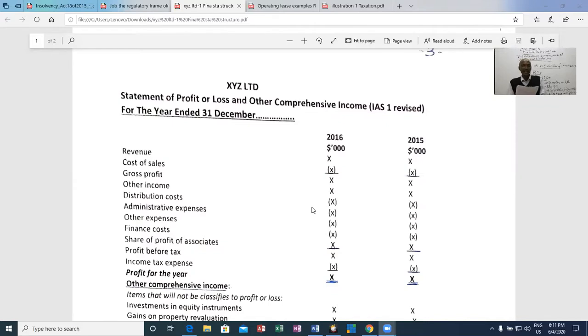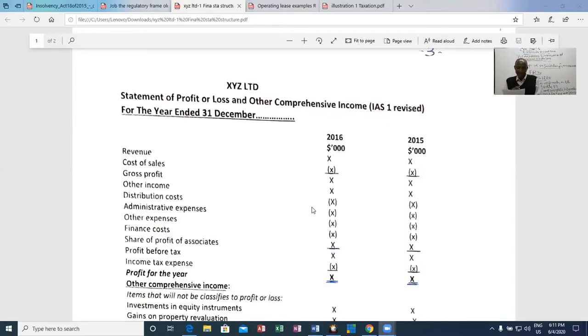Then we may also have other incomes, distribution costs, like cost of transport and advertising and whatever, administrative expenses, the cost of the day-to-day running of the business. We have other expenses, that is miscellaneous, finance costs like interest, and share of profit of associates. This is, as we shall see later, when one company invests in other companies, it does get a share of profit from those other companies.